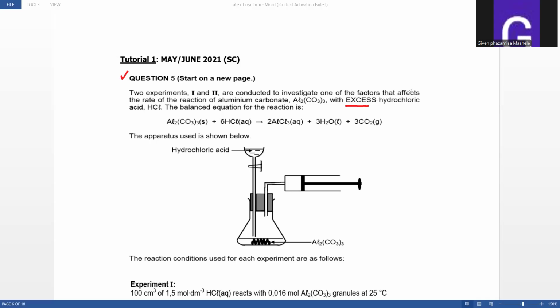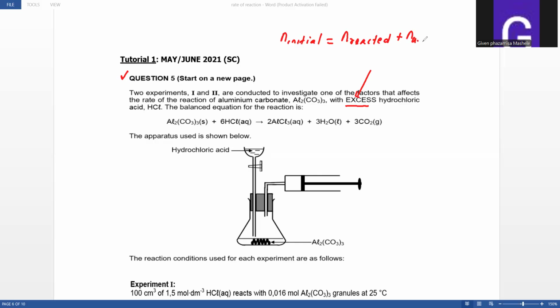hydrochloric acid. So we are told that they want to investigate one of the factors that affect the rate of reaction of aluminum carbonate with excess hydrochloric acid. We are told that hydrochloric acid is in excess. So what does it mean? It means some of its initial moles have reacted and some of its moles will remain in the reaction.